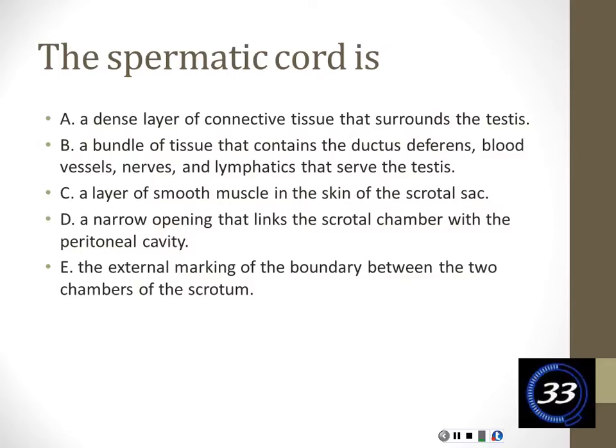That's the tunica albuginea, which I didn't talk about, but it was probably in the picture. The layer of smooth muscle in the skin of the scrotal sac, that's the dartos muscle. The narrow opening that links the scrotal chamber with the peritoneal cavity, that's the inguinal canal, right? And there's a superficial inguinal ring up there. And the external marking of the boundary between the two chambers, the left and right, that's the raphe.